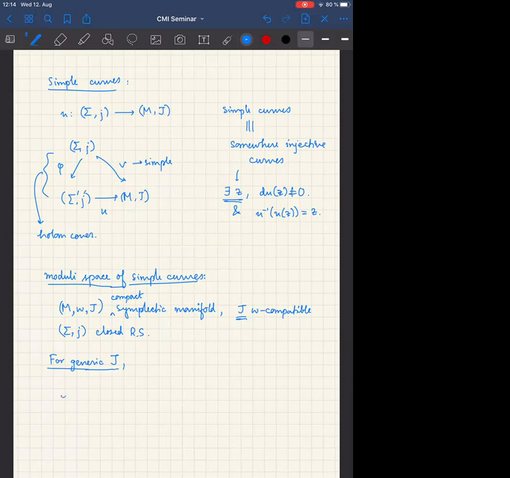Then the space of all J-holomorphic curves is a smooth manifold, and it has a dimension given by an index formula, which I'm not going to write right now.